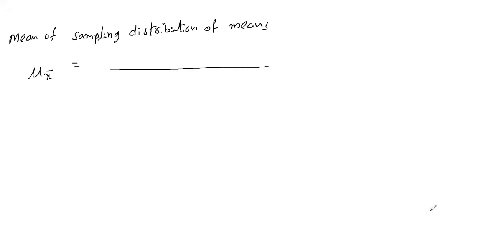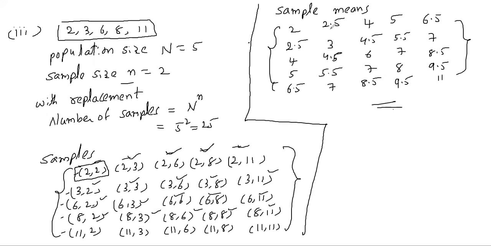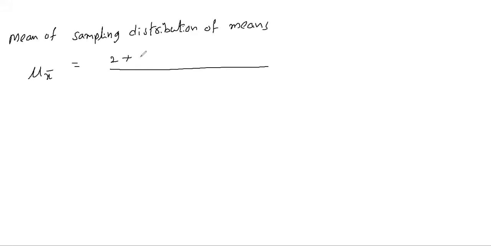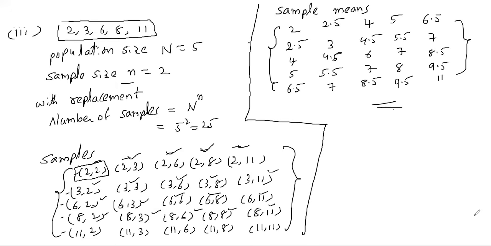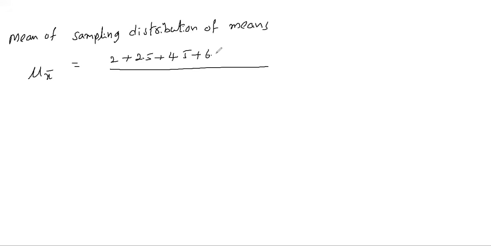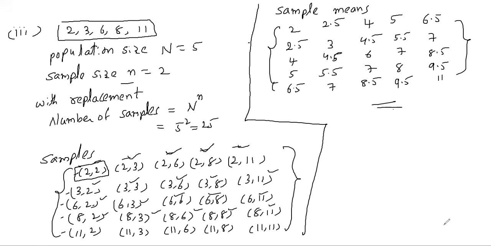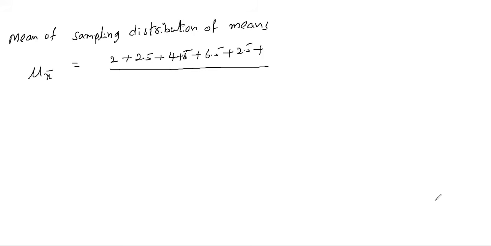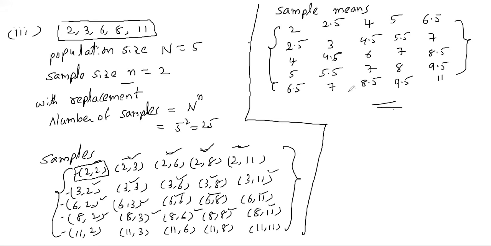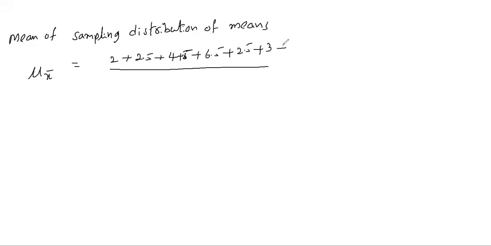So we have to add all the sample means: 2 plus 2.5 plus 4 plus 5 plus 6.5, you have to add all of them. 2 plus 2.5 plus 4 plus 5 plus 6.5, plus next 2.5, next plus 3, and so on.